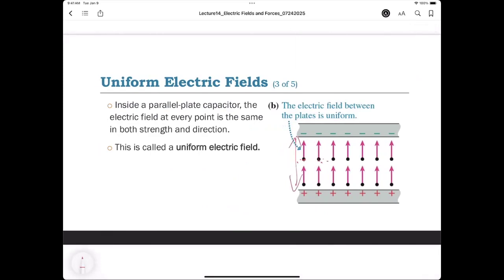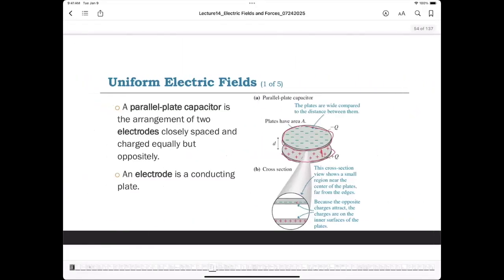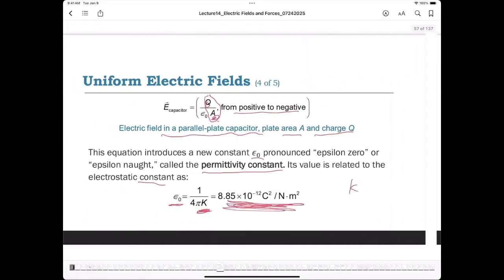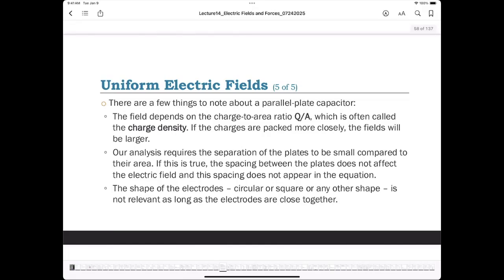You can see there is no d there. So the shape of the electrodes, circular or square or any other shape, is not relevant as long as the electrodes are close together.